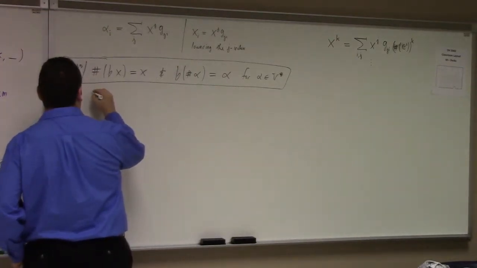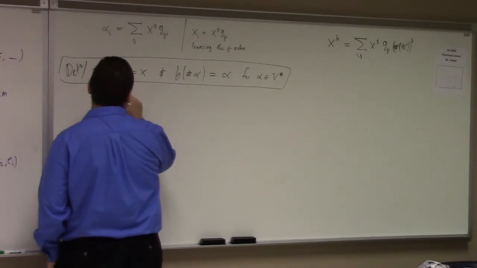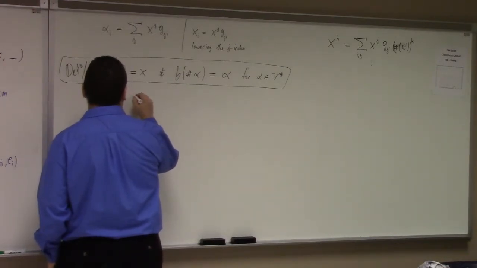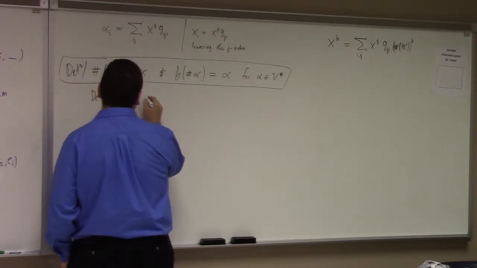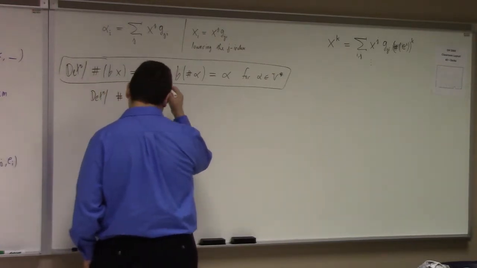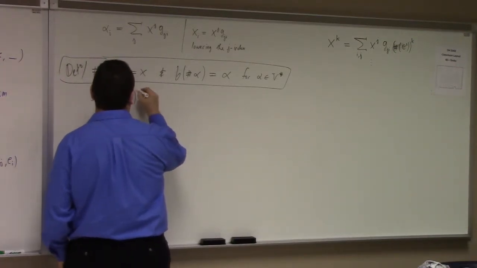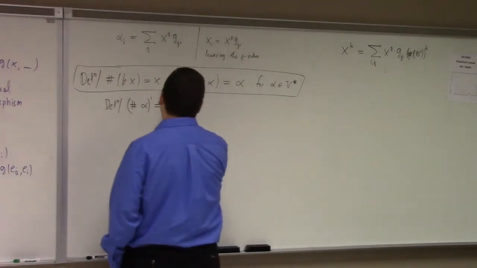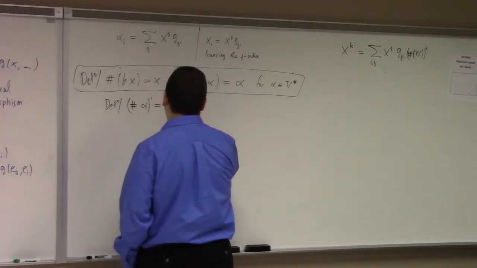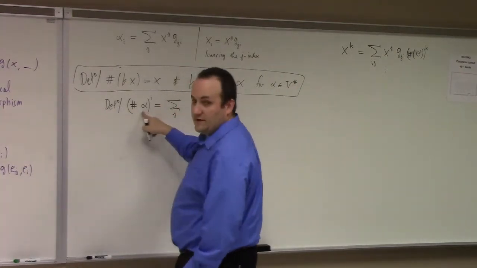Definition. The sharp of alpha is equal to, well, let's be more clear. The sharp of alpha, the ith component of that, is going to be the sum over j of, and so what we start with is alpha a covector, right?